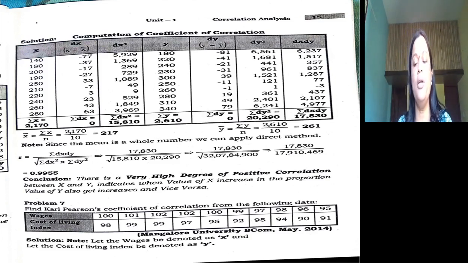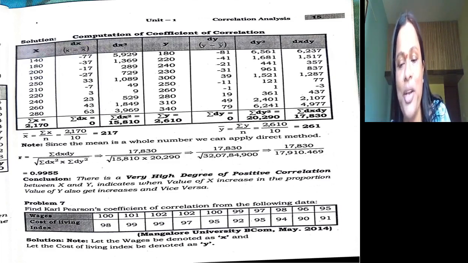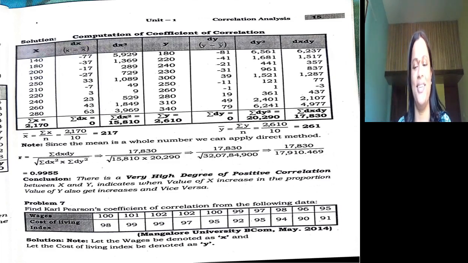Try to understand. Even though the arithmetic mean of variable x is 217, the arithmetic mean of variable y is, sorry, it is not 26.1, it is 261. I'm so sorry, 261. So they took the actual mean as the base.